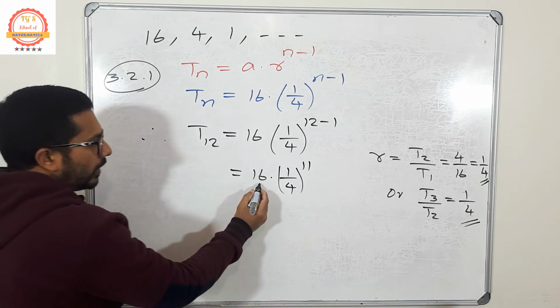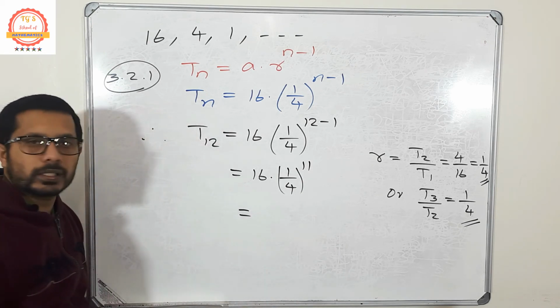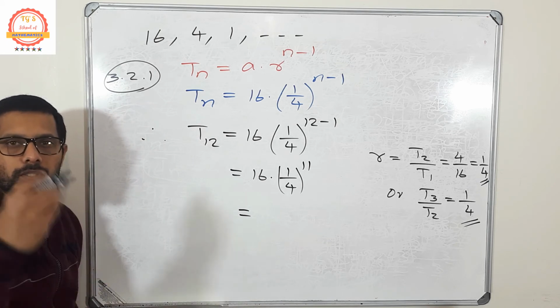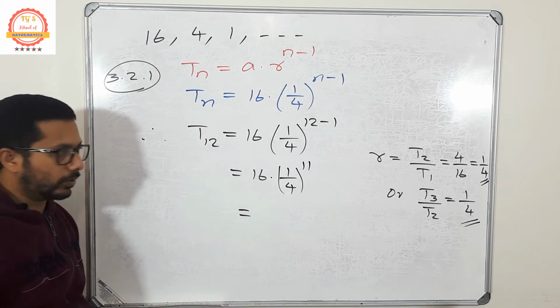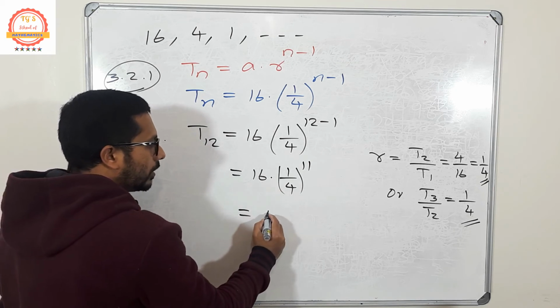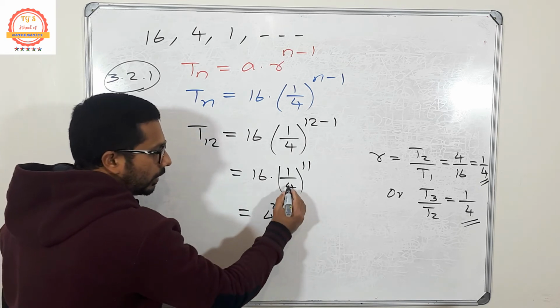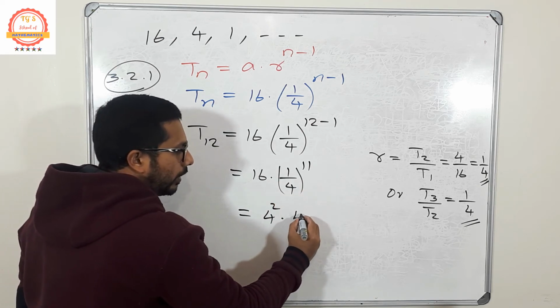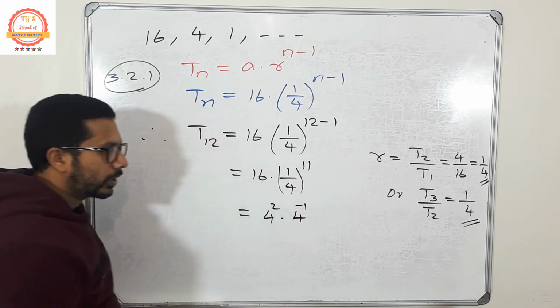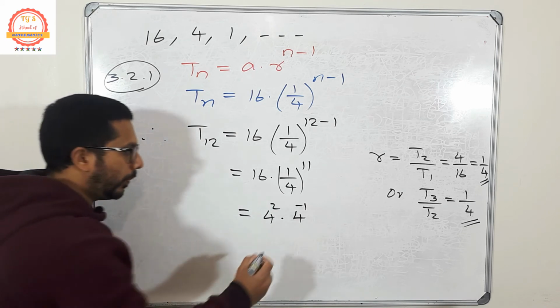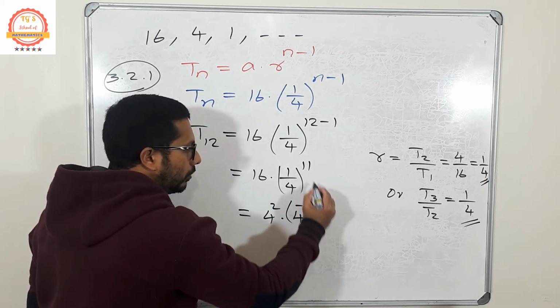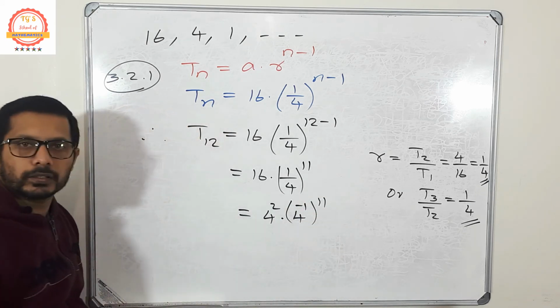Now what is this 16? 16 is 4 squared. So instead of this 16, I am going to write 4 squared times this 1 over 4. In grade 9 you studied that 1 over 4 is the same as 4 raised to minus 1, the whole raised to 11.